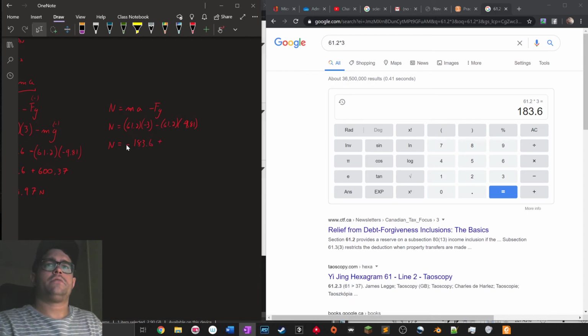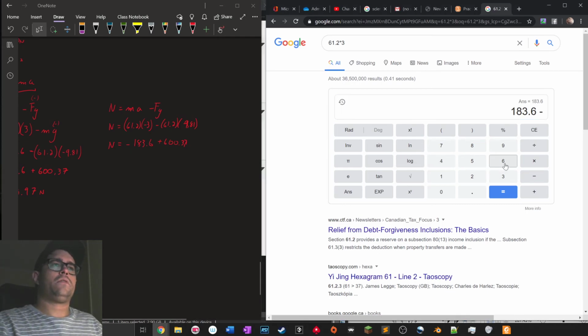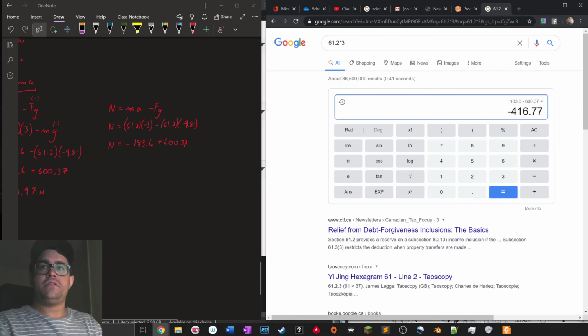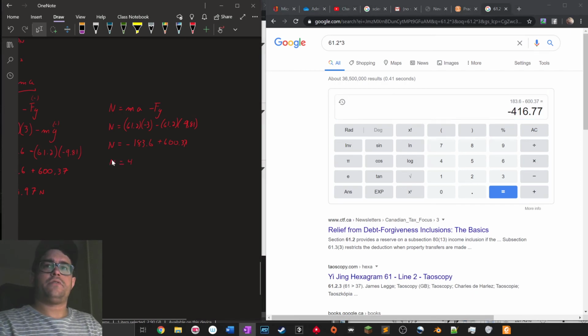It's a minus 0.37. Doing some tricks. The difference is 416. N is 416.77 Newton. This is what would be read.